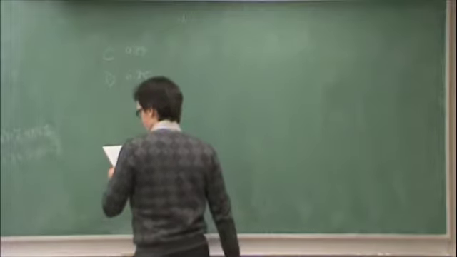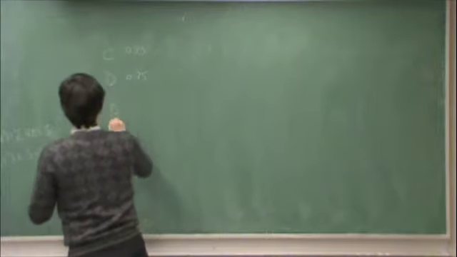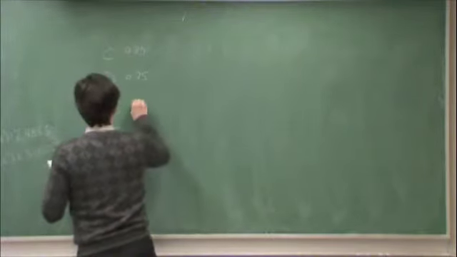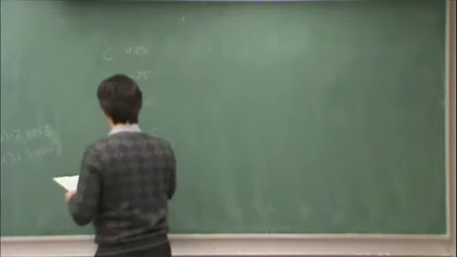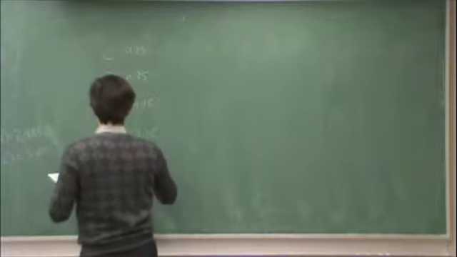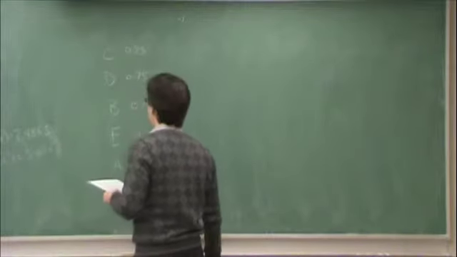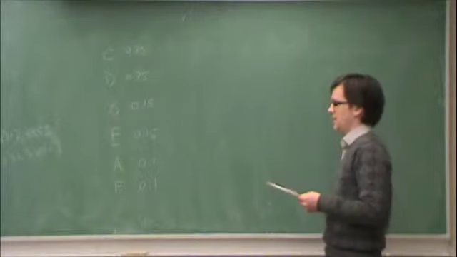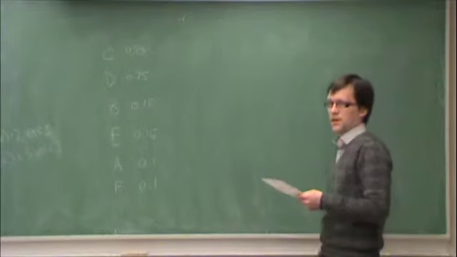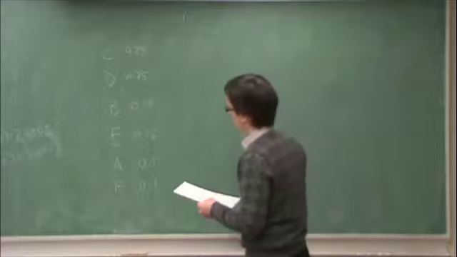Then I have B and E, probability 0.15 each, and A and F, probability 0.1 each. By the way, ties don't matter. They will affect the structure of the code, but they will not affect the average length.